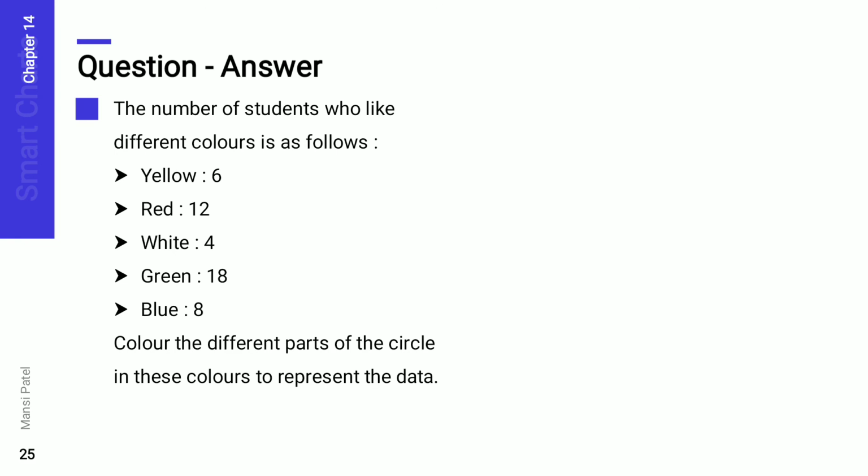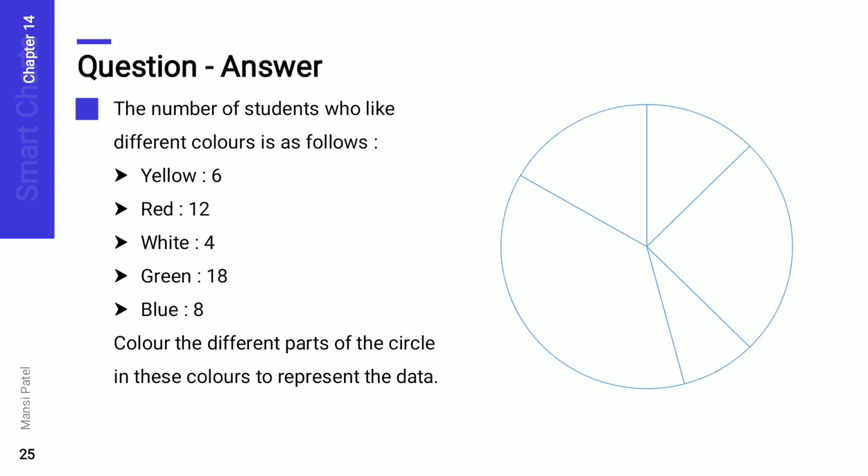Now again see the next one. Here they have given the number of students who like different colors. 6 students like yellow, 12 students like red, 4 students like white, 18 students like green, and 8 students like blue. Now in this you have to fill in the colors. We are going to start from the biggest portion.